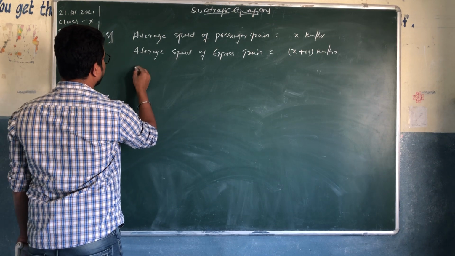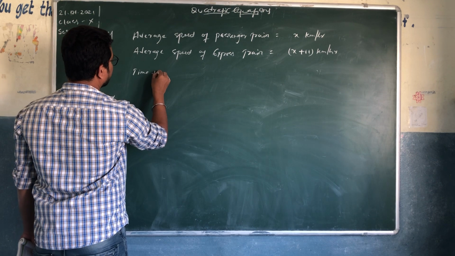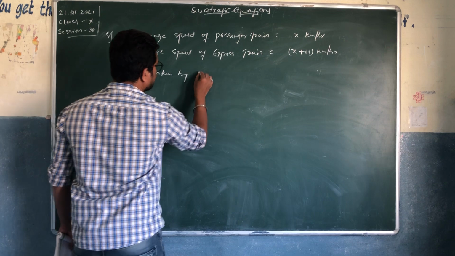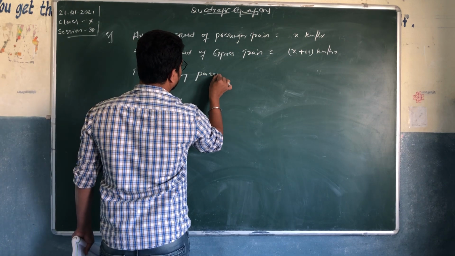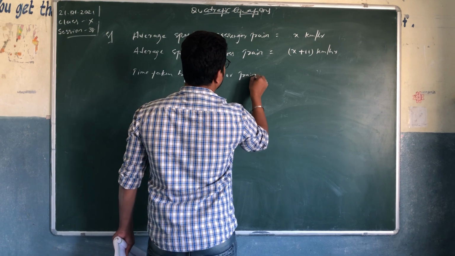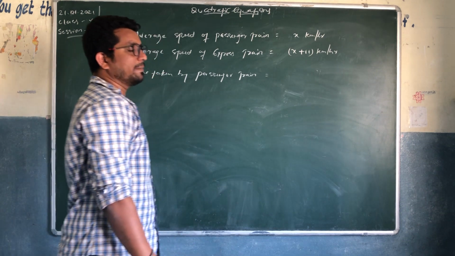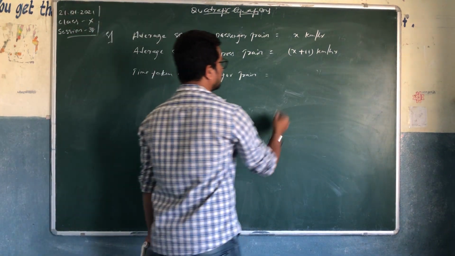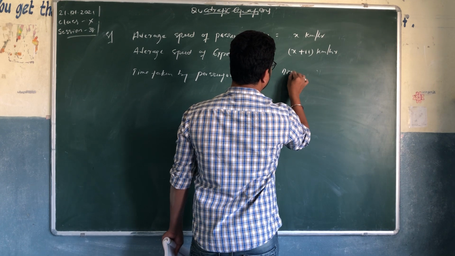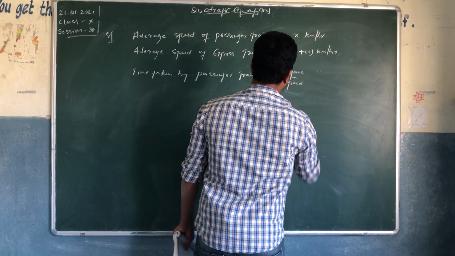Let us write time now. Time taken by passenger train is equal to, we know the formula, right? Time is equal to distance by speed.